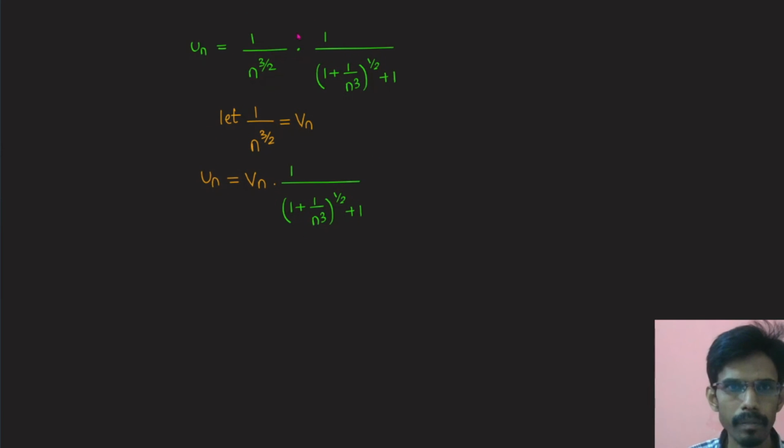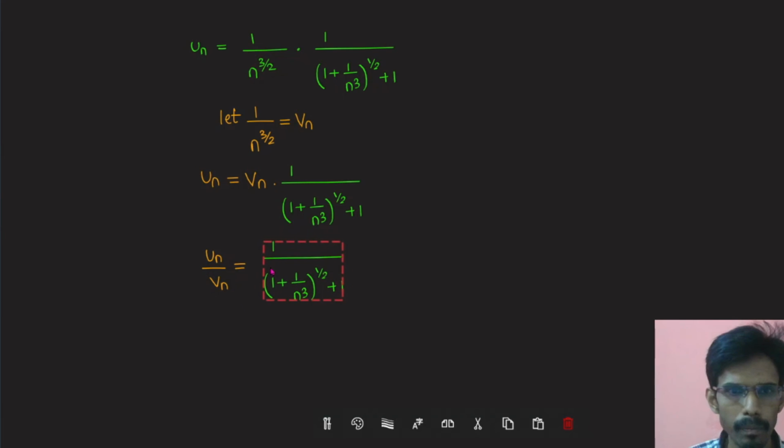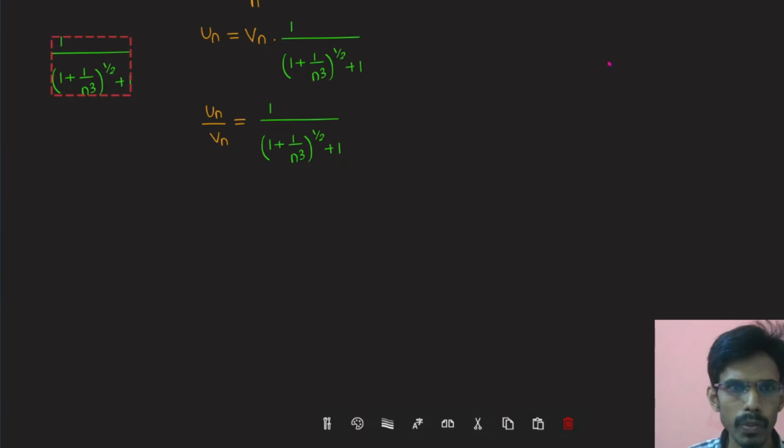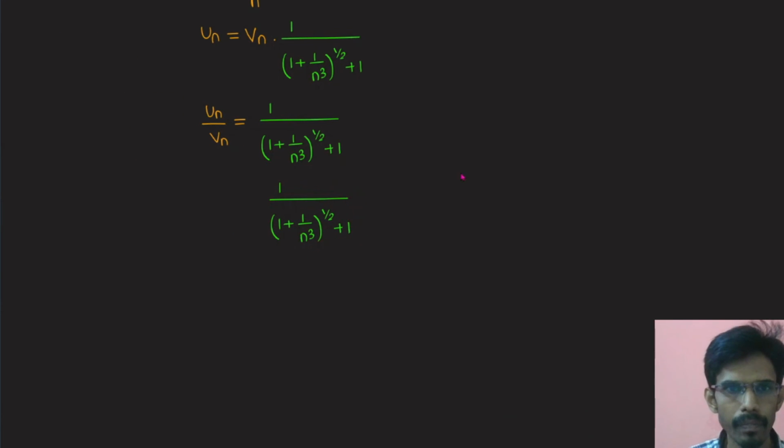Now dividing both sides by Vn, we have un by Vn equal to this term. Now apply limits on both sides. If I apply limits on both sides, then I'll get limit n tends to infinity of un by Vn.